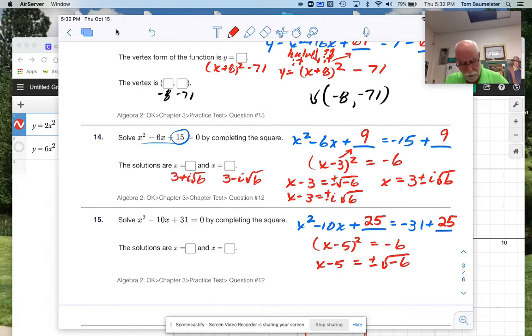See negative under the radical. x minus 5 is equal to plus or minus, again, remember, it has to be in front of the radical, ladies and gentlemen, i root 6. Now I'm going to take that 5 and move it over. So I'm going to have 5 plus or minus i root 6. So since they have two blanks there, you're going to have to write 5 plus i root 6 and 5 minus i root 6.